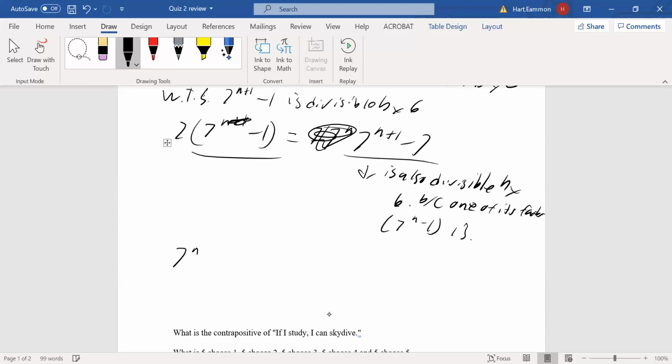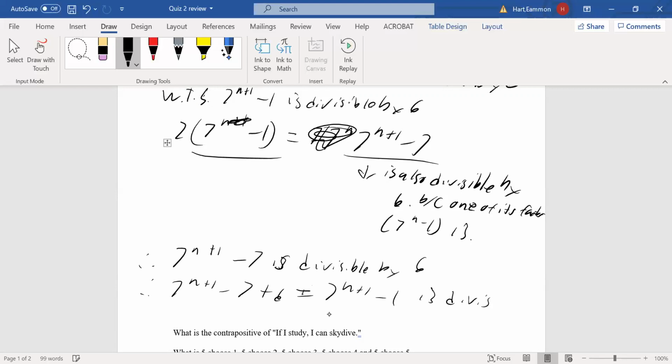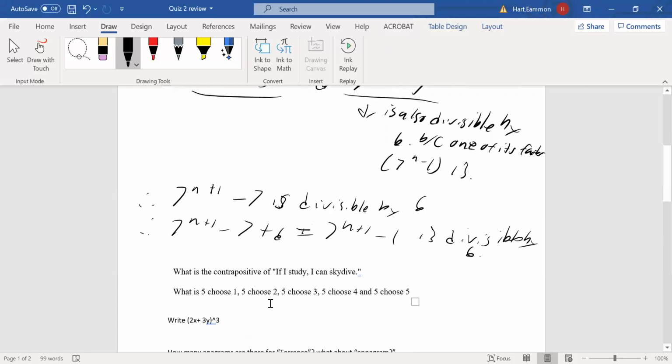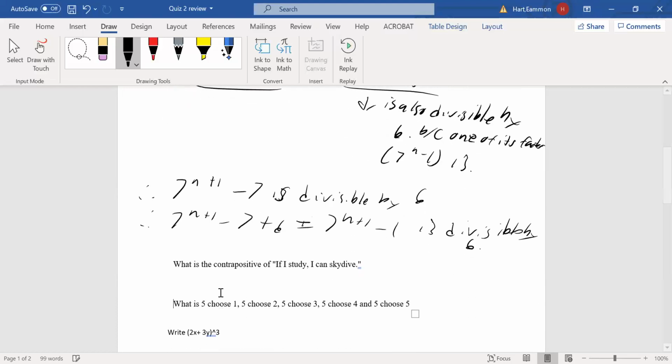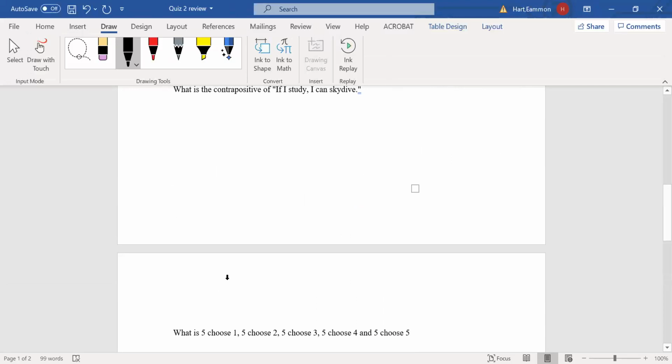So therefore, 7 to the n plus 1 minus 7 is divisible by 6, and 7 to the n plus 1 minus 7 plus 6 equals 7 to the n plus 1 minus 1, which is divisible by 6. Does that make sense? Does anyone not understand that? Cool.